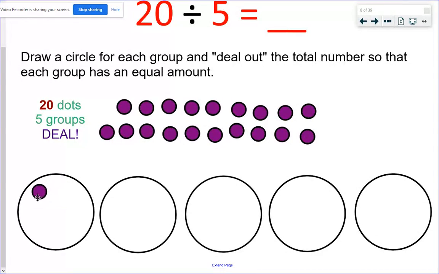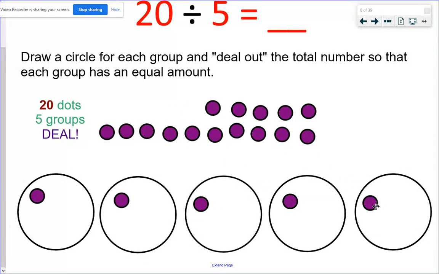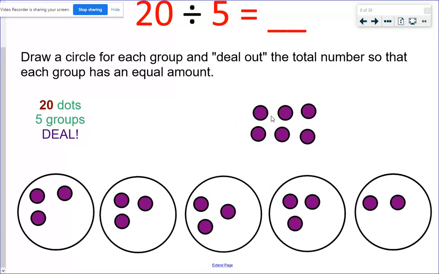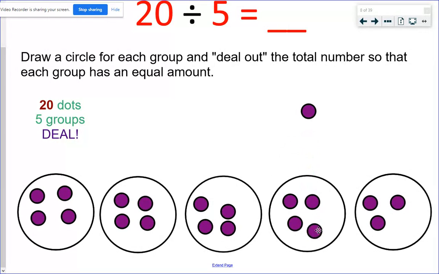And here's our dots for us to deal out until we get to 20. 1, 2, 3, 4, 5, 6, 7, 8, 9, 10, 11, 12, 13, 14, 15, 16, 17, 18, 19, 20. And so 20 divided by 5 is 4.